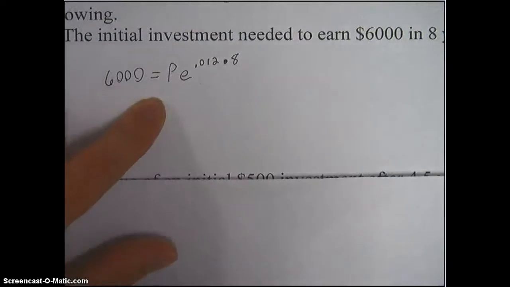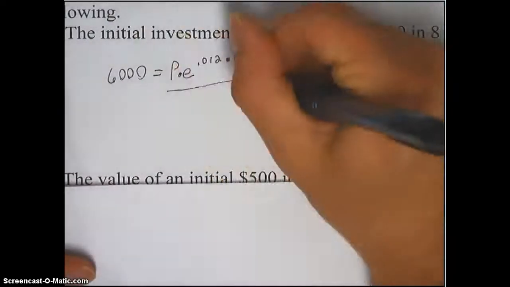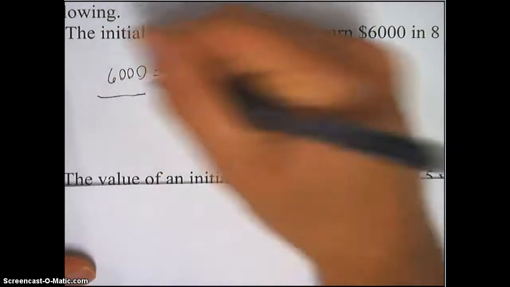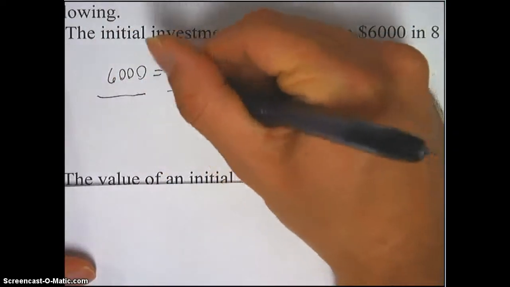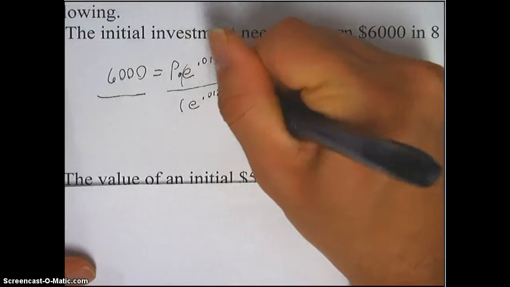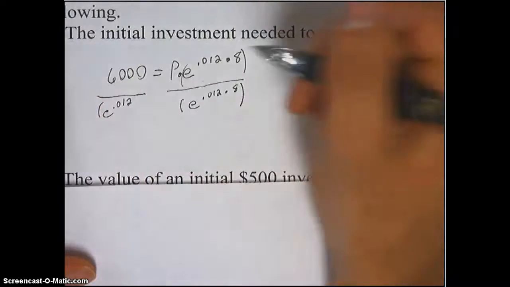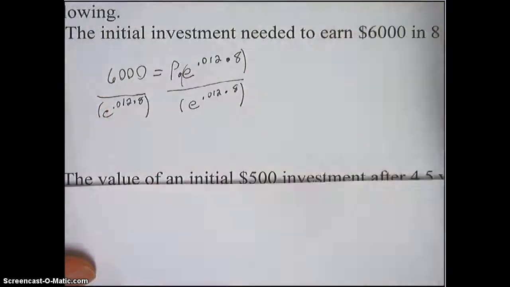To get this P by itself, this is multiplication in here, so we can divide both sides by e to the 0.012 times 8.